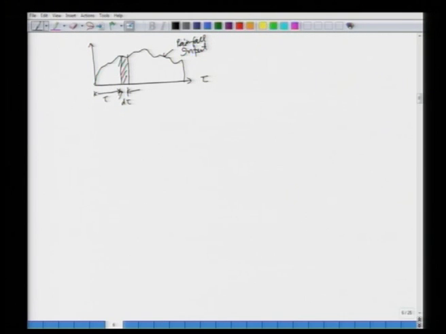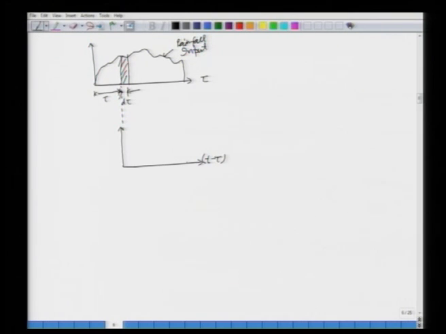Now, when will the response from the system start due to this input, all right? Obviously, it will be after this time. Okay. So, let us see, then you have this response starting from here. This is your t minus tau domain. Okay.